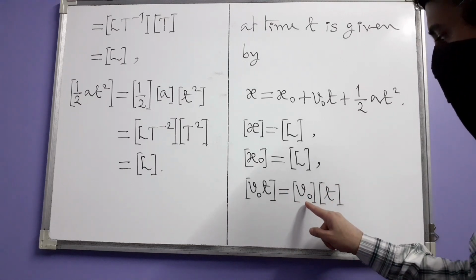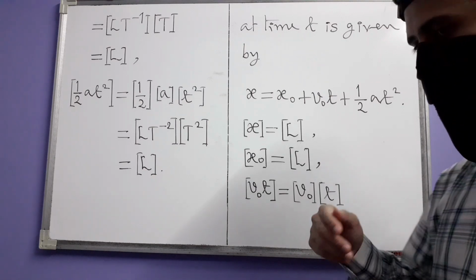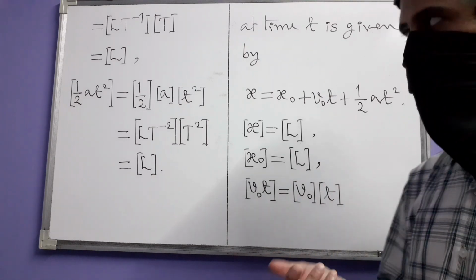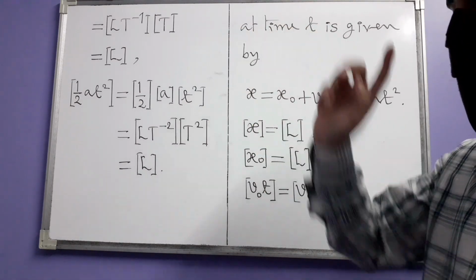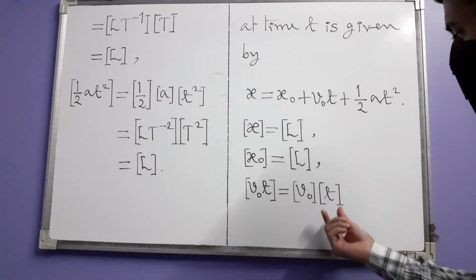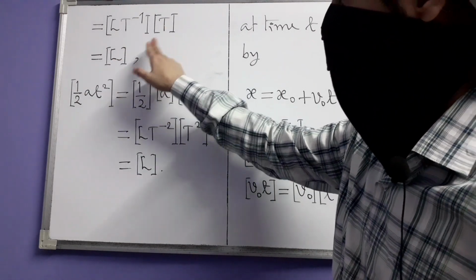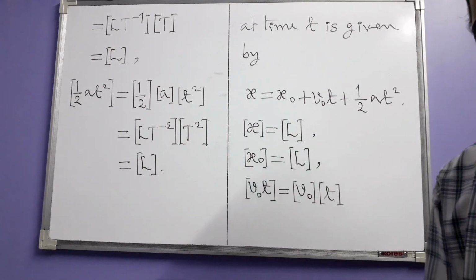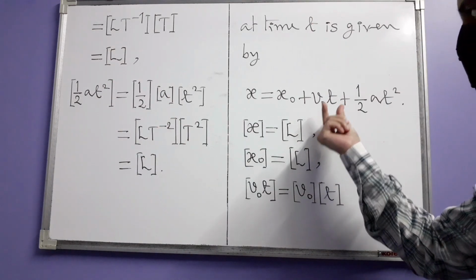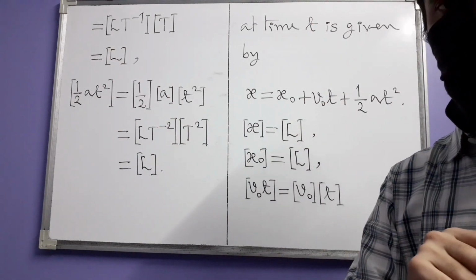And what is the dimension of v0? Since v0 is initial velocity, its dimension is L T to the power minus 1. And the dimension of time is T. So then this T inverse and T cancel out and you are left with L. So yes, v0 t is the quantity which also has the dimension of length.